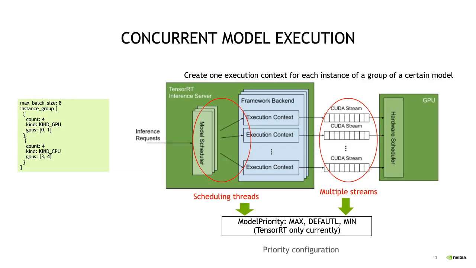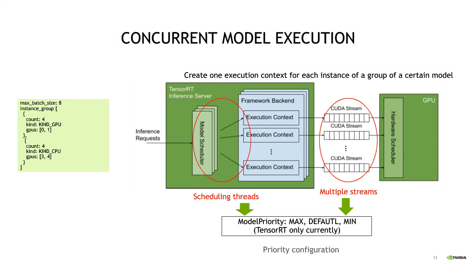So the second one, the concurrent model execution support in Triton Inference Server. As we just talked about, the concurrent model execution will help you reduce the idle time on GPU, and you can also handle multiple waves of incoming requests at the same time.